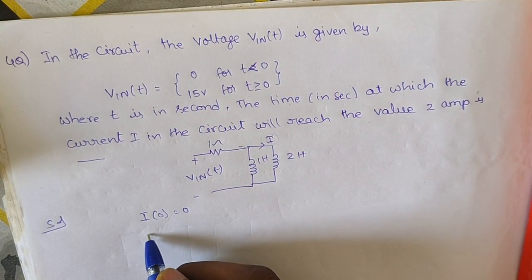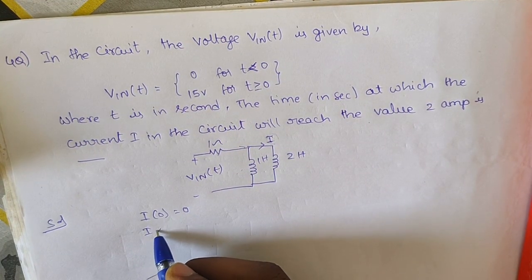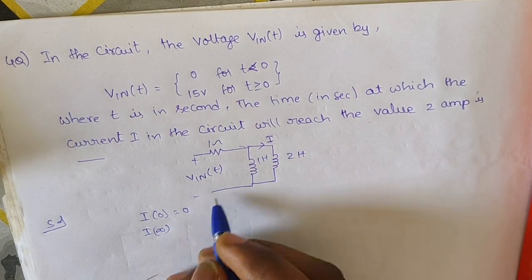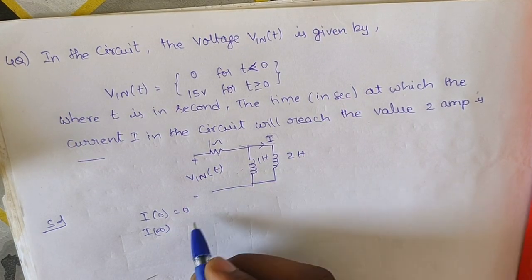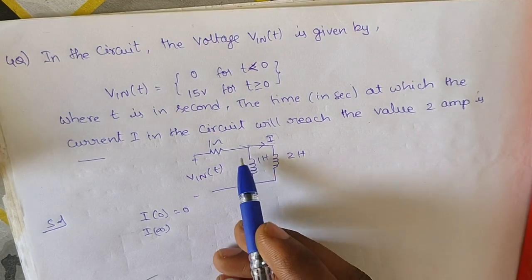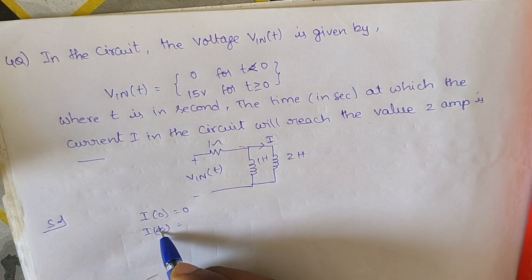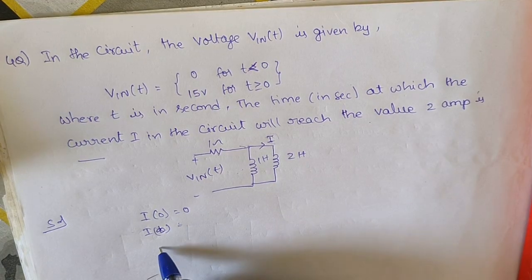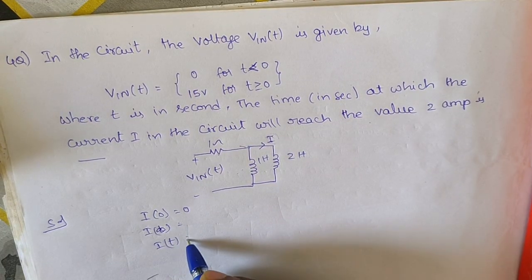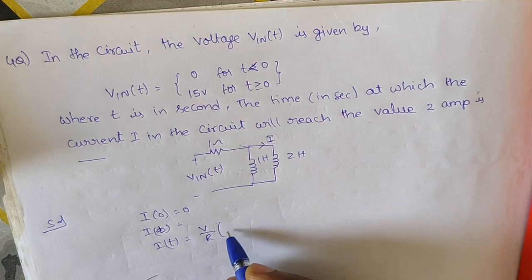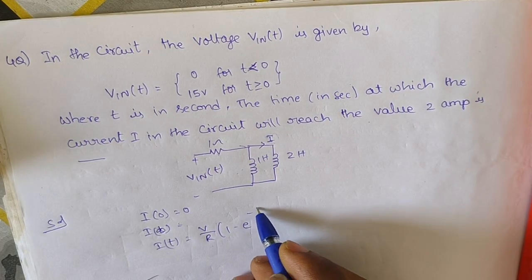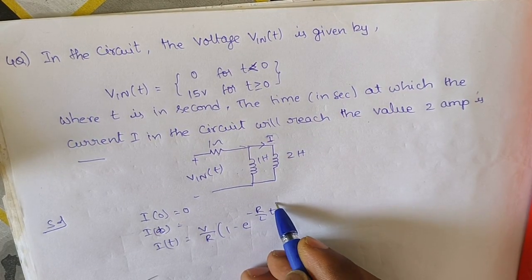At t tends to infinity, the current across this circuit will be, let us find I of t through the standard equation V by R into 1 minus e power minus R by L into t.